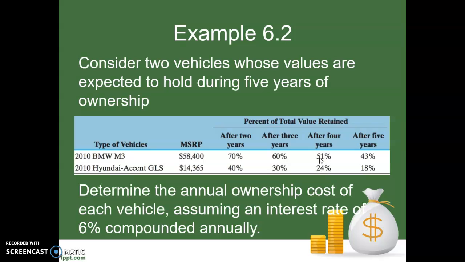And after 4 years, it's 51% and then 43%. And then at the end of 5 years, we are going to sell the vehicle. And so we want to know, over those 5 years, how much did it cost us to own that vehicle? So this is how we're going to do that. This is how we're going to calculate capital recovery cost of an investment.